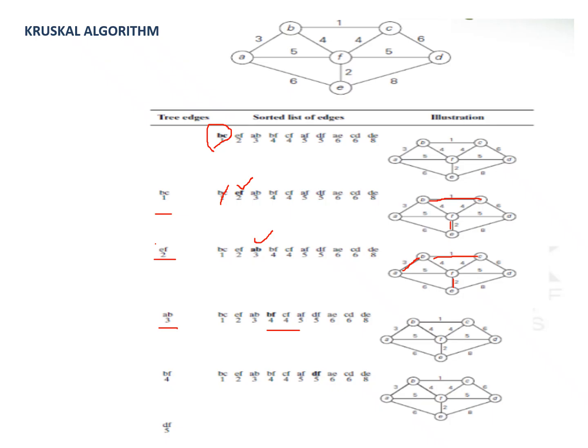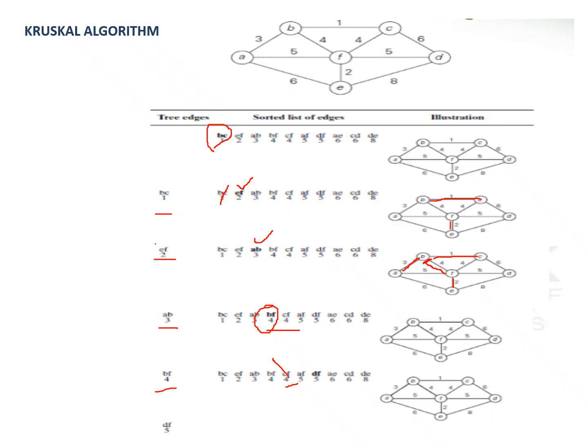Both are not going to form a cycle, so I am just taking BF. BF has been included. Next I am moving on to CF. CF is 4, but if I include that, it is forming a cycle. So I am just neglecting that.